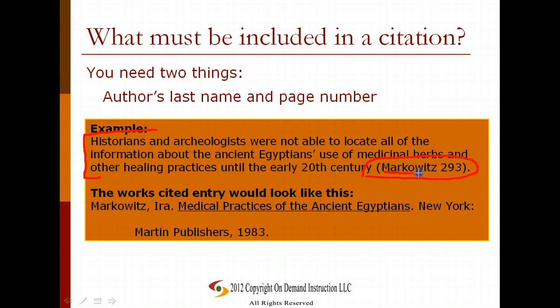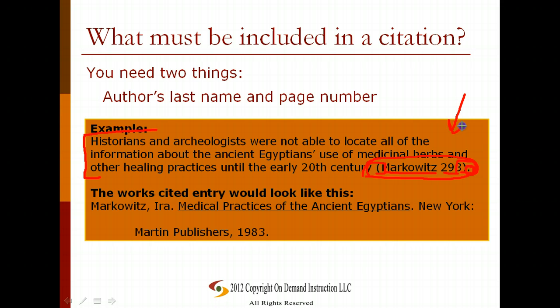It is the writer's last name and the page number where the information came from. Notice there are no periods, no commas, no semicolons, no quotation marks, nothing else. There's no year, nothing. Last name, page number, nothing else. We have a parenthesis at the beginning and a parenthesis at the end, and following the parenthesis is the period. The period goes after the citation.